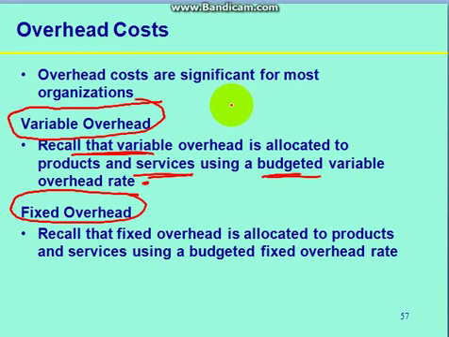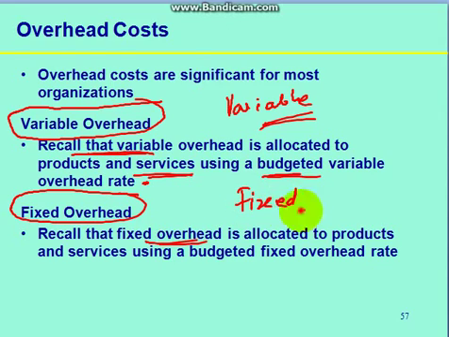The overheads will change with the quantity or the amount, so those are variable overheads. And we have some fixed overheads that are allocated to the products. The fixed overhead doesn't change. There is already a budgeted fixed overhead rate, and that is nothing but the fixed overhead.